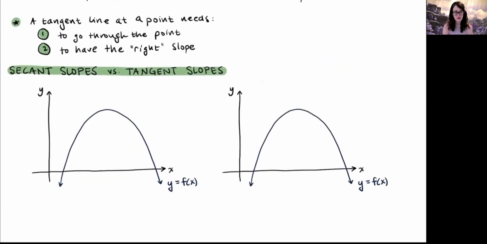Okay, we are going to use the fact that we know what a secant slope is in order to help us develop how we figure out what a tangent slope of a line is. So just so we're clear, we've got two parabolas here. It's any kind of curve, it doesn't matter. We're going to want to talk about secant slopes. Let's get a little bit of shorthand notation for these things and also tangent slope.